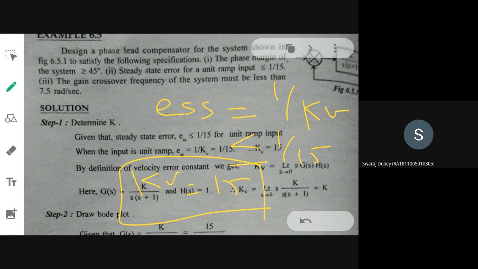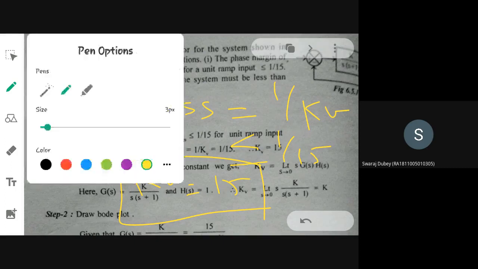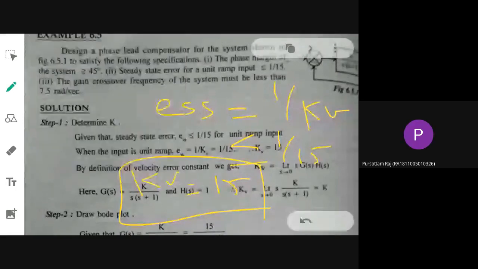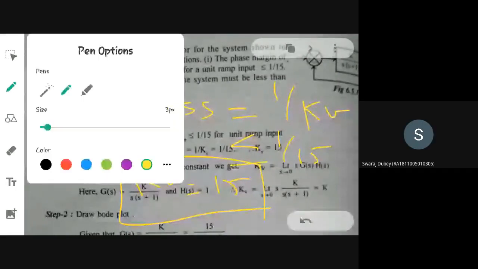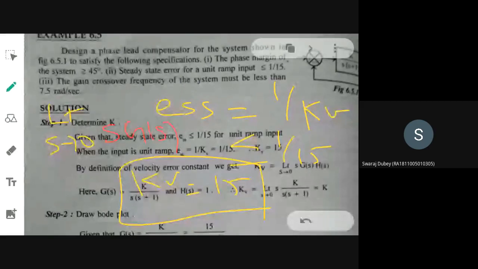Then there is another formula for Kv. What is the formula for Kv? Limit s tending to 0 of s into G of s into H of s, where H of s is 1.